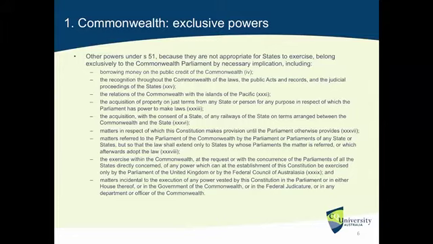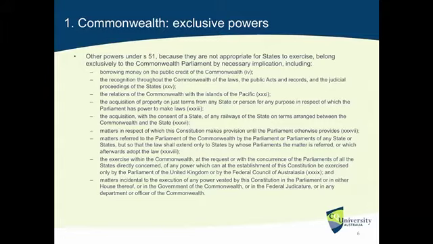It is also within the exclusive power of the Commonwealth Parliament to legislate on the exercise within the Commonwealth, at the request or with the concurrence of the parliaments of all the states directly concerned, of any power which can, at the establishment of this Constitution, be exercised only by the Parliament of the United Kingdom or the Federal Council of Australia.